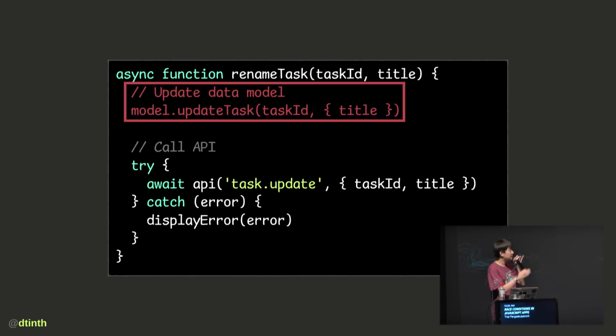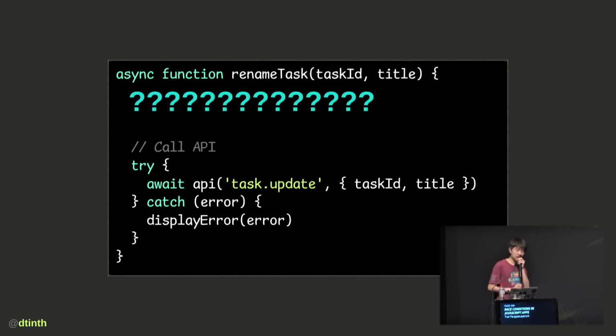And considering that everything else may be going on all around, that will make it harder to ever come back to it. So maybe we should leave that data model alone and not update it optimistically. But then, how would we implement optimistic UI?